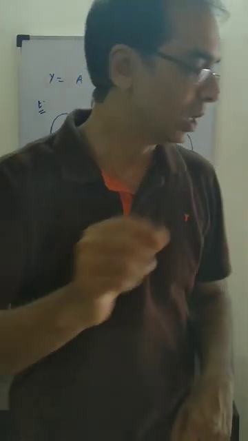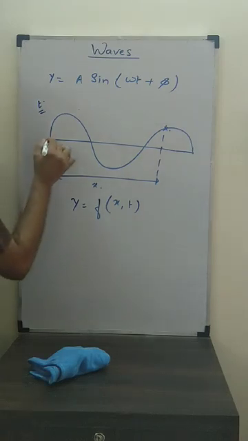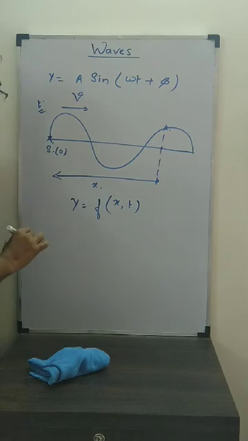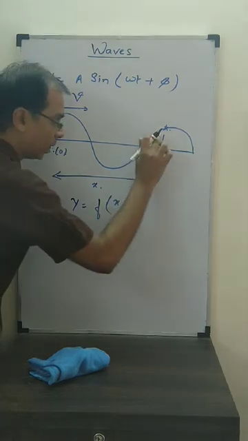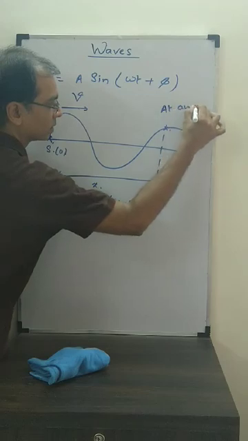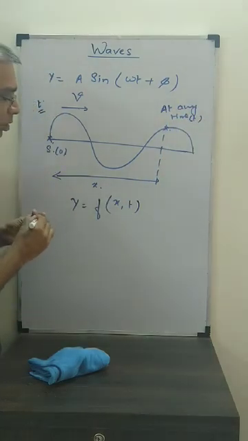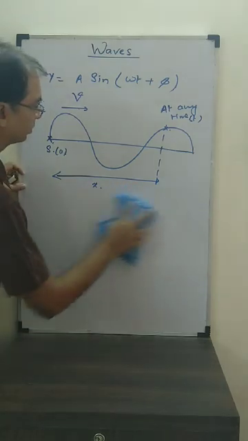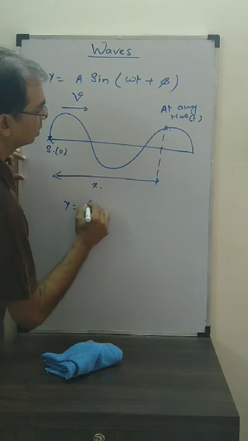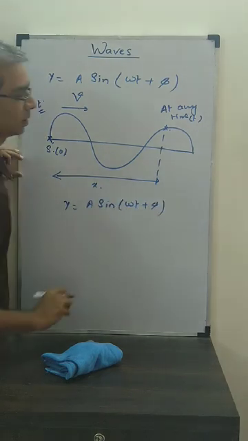So the time will not be the same. Say my energy is moving from the source with speed v, and this particle here, at any time t, is doing an oscillation like y equal to A sine omega t plus phi.